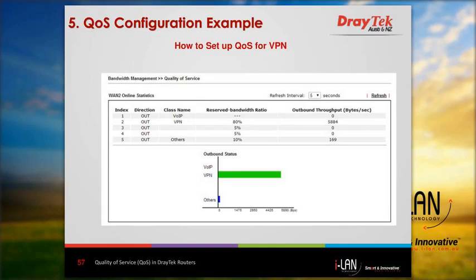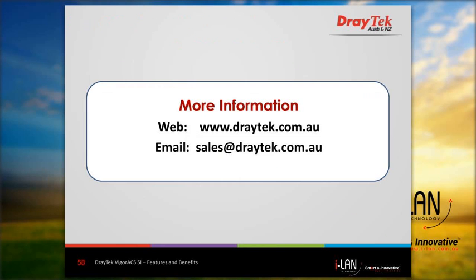The green bar shows the VPN traffic, and you should see traffic appearing, and the length of the bar indicates the amount of traffic being prioritized for WAN 2. So you've got VoIP, VPN traffic, and others. So that's what's required. But there is a detailed application note on their website that you can look at as well.